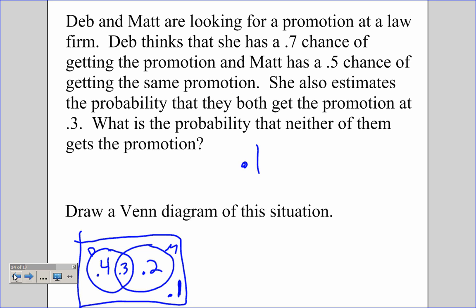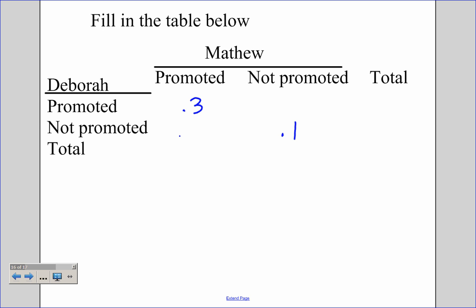The probability that Deb is promoted but Matt isn't is 0.4. Oh, that's switched around. That Deb's promoted and Matt is not. The probability that Deb's not promoted and Matt is 0.2.